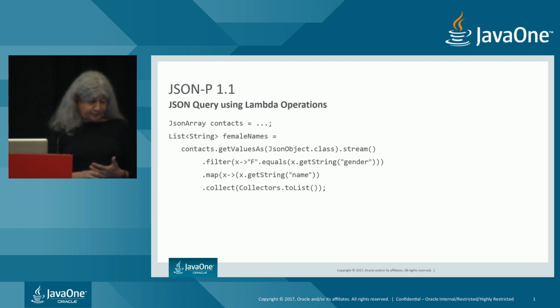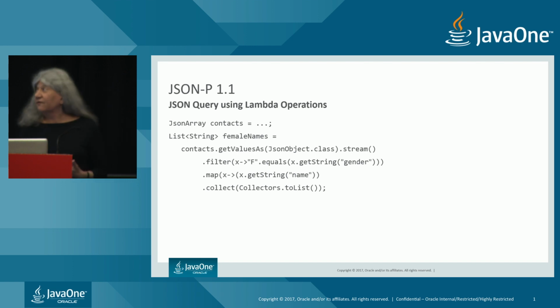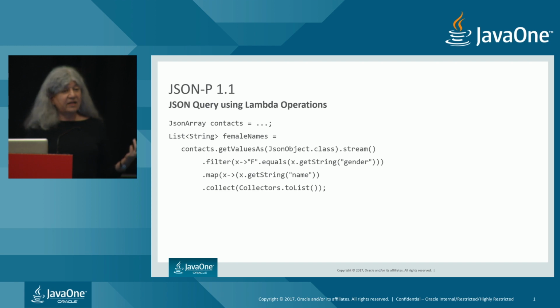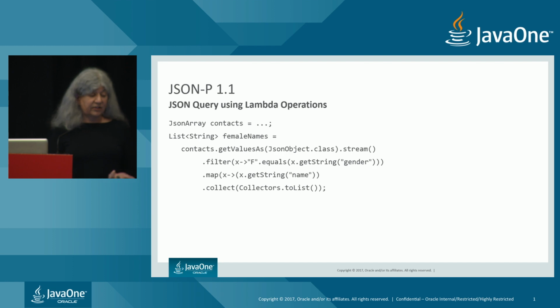We're filtering here for those elements that are of female gender, and then we're extracting the names and collecting the results. Notice that using a built-in Java SE collector, we're extracting these as a list, but the result is a list of strings, so we're outside the JSON world.